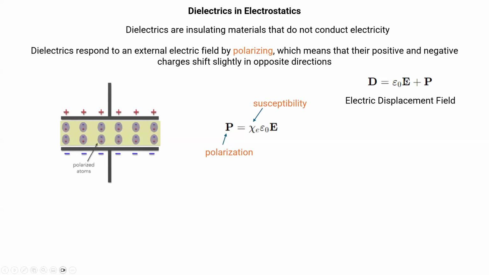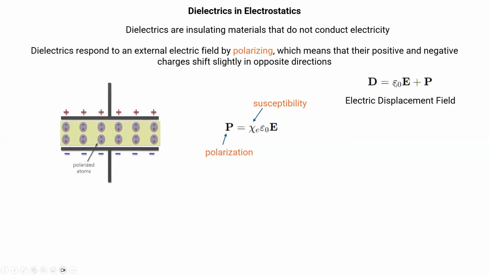This electric field is the field within the dielectric as if no dielectric were there, like the field we apply, the bias field. And P is the new field that is generated inside of the dielectric because of the polarization.